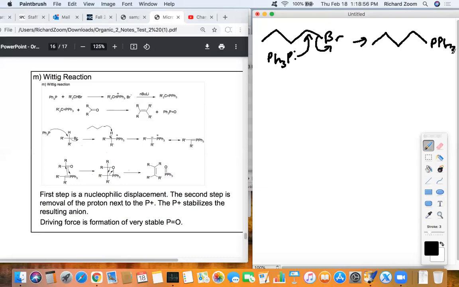Now the phosphorus has 4 bonds on it, which puts a positive charge, and the Br will be negative here. And then we can treat this with a very strong base, and the strong base we use here is called n-butyllithium, and it will take a hydrogen off this carbon specifically.